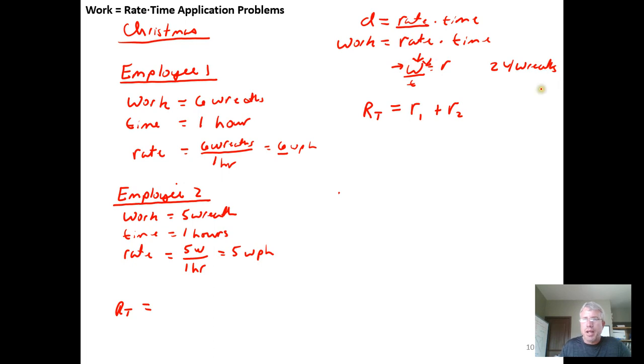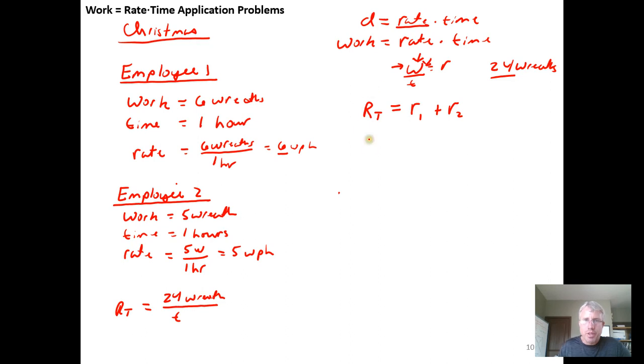And I know the work that I want done. The work that I want done is 24 rees, divided by the length of time that it's going to take to do it. And what we could do is let time represent the time it takes them working together to get the rees done. And this would give me my rate together, 24 rees per T hours of time.